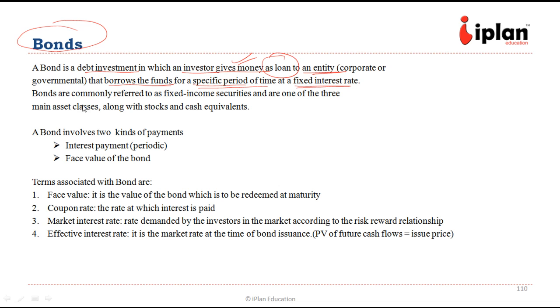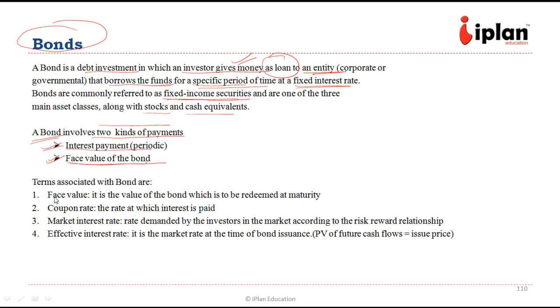That is why bonds are referred to as fixed income securities, and these are one of the three main asset classes: stock, cash equivalent, and third is bond. As we know, bonds involve two kinds of payments. One is periodic payment, which is interest payment or coupon payment, and the second one is the face value of the bond, which is paid at the end of the bond expiry.